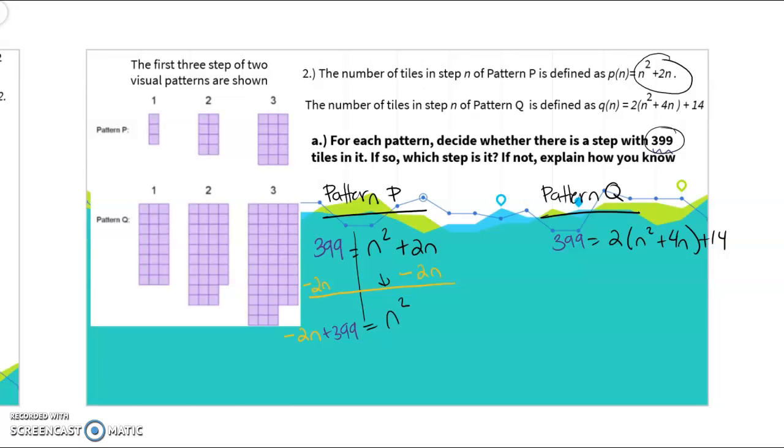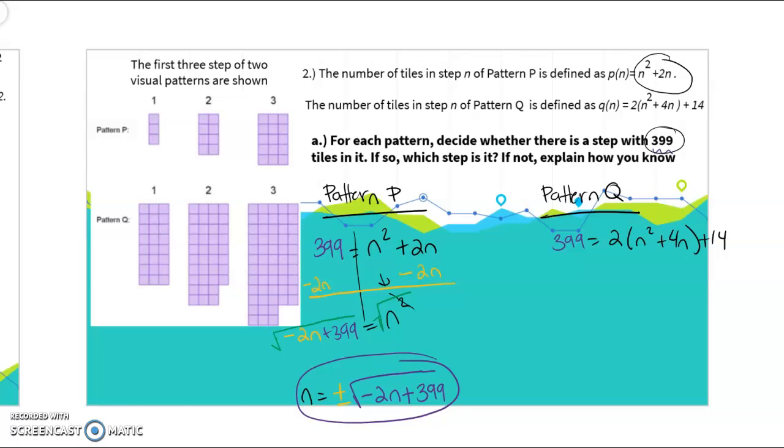And what I need to do to undo a number squared is take the square root. Woohoo! So what I'm going to be left with as my final answer is n equals plus or minus the square root of negative 2n plus 399. Yay! Since 399 is not a perfect square.